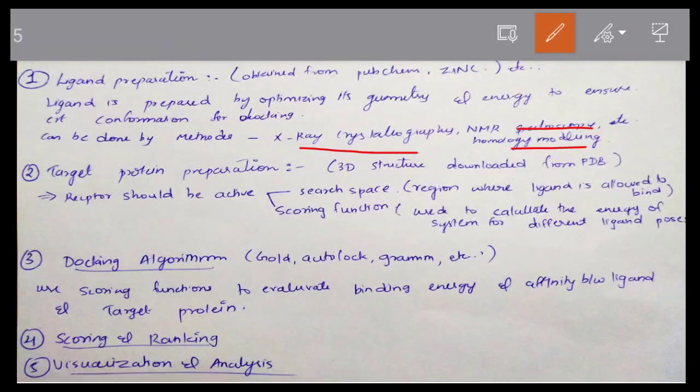Now, the second step is the target protein preparation. It is a similar kind of step which involves downloading a 3D structure of a protein, which could be from secondary databases like PDB and others. Now, the receptor should be active, which means there are two components, that is search space and scoring function. The search space is a region where the ligand is allowed to bind.